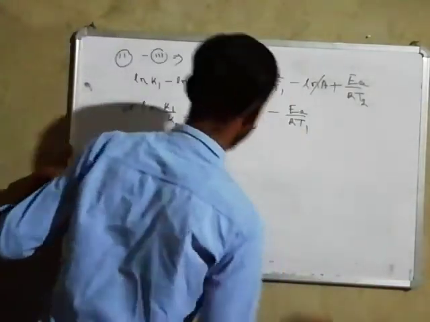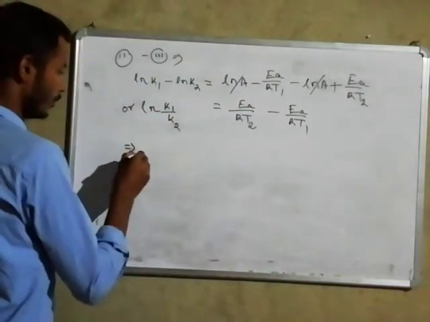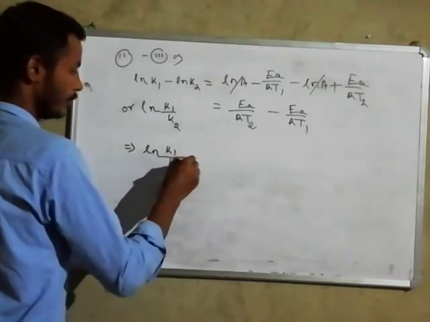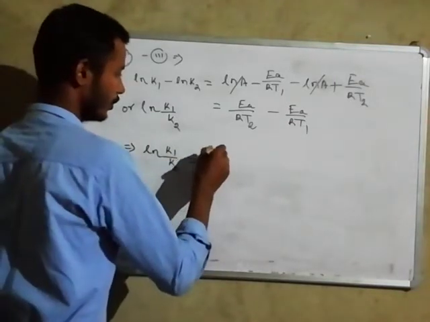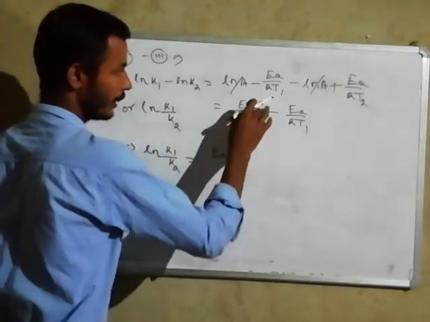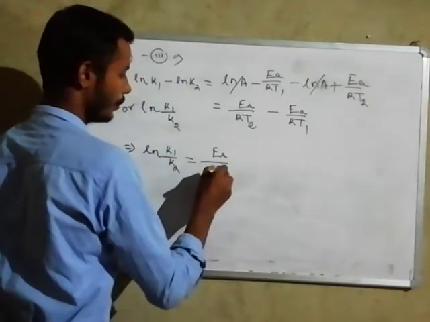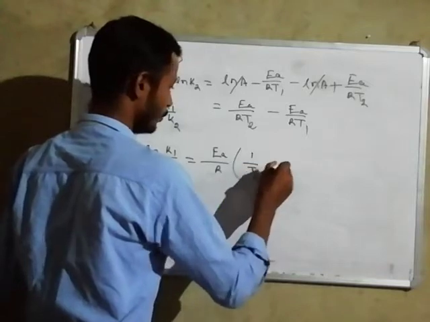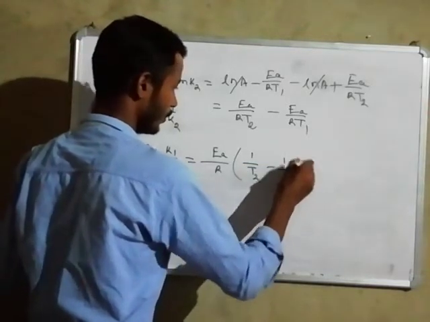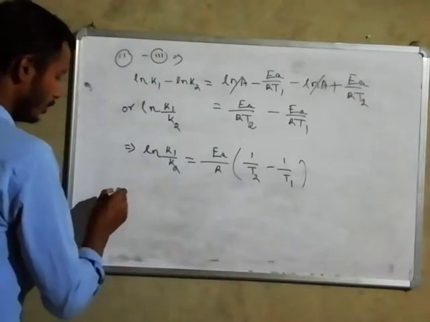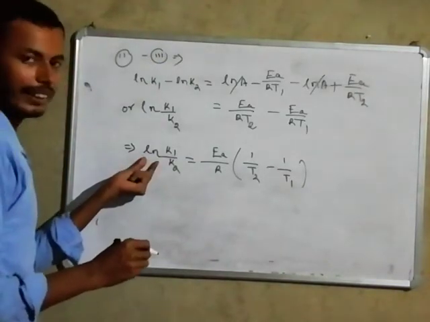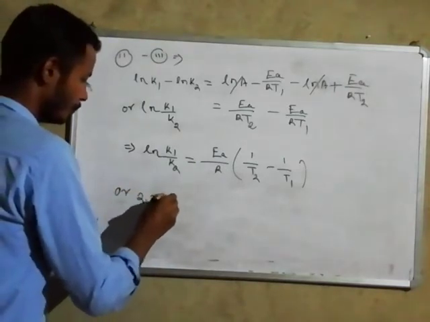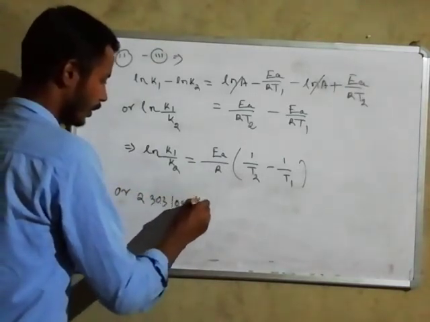And from here, what can we write? ln k1 by k2 is equal to Ea by R, taking it common, into 1 by T2 minus 1 by T1. Or if you write ln in terms of log, that is 2.303 log of k1 by k2.